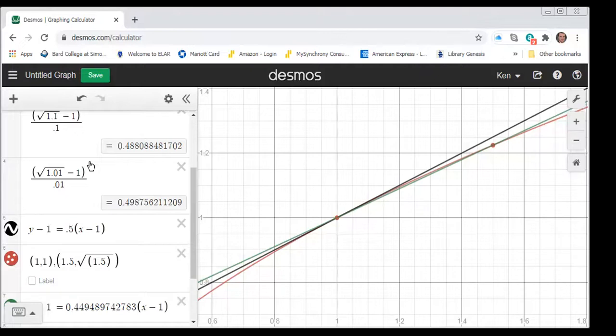As x got closer and closer to 1, those average rates of change, so g of x is the function that gives us the average rates of change, got closer and closer to 1/2. And when you've got a situation where x getting close to a number means f of x gets close to another number, that's when you say the limit of the function equals 1/2 as x gets closer to 1.